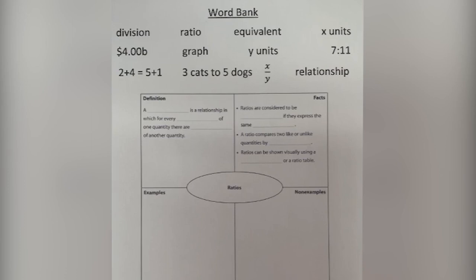All right, so using again the expressions, the equations, and the words from this word bank, we're going to go ahead and start filling in. So the first thing I'm going to fill in is a blank is a relationship in which for every blank of one quantity, there is blank of another. So this is a ratio.